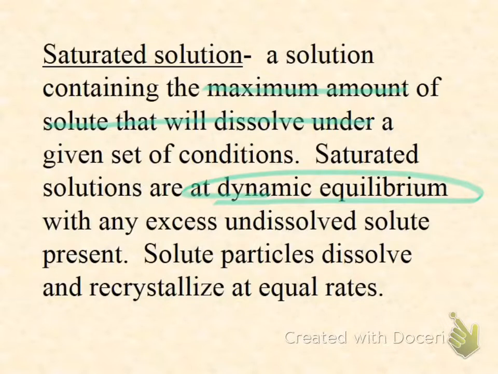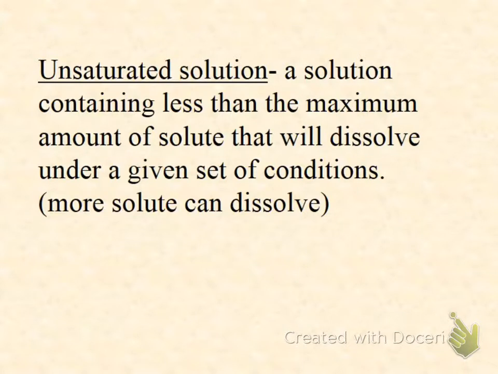So basically, in a dynamic equilibrium for a saturated solution, you have particles that are dissolving and recrystallizing at equal rates. An unsaturated solution is a solution that contains less than the maximum amount of solute. So it's less than the maximum amount, meaning I could still dissolve some more, okay?